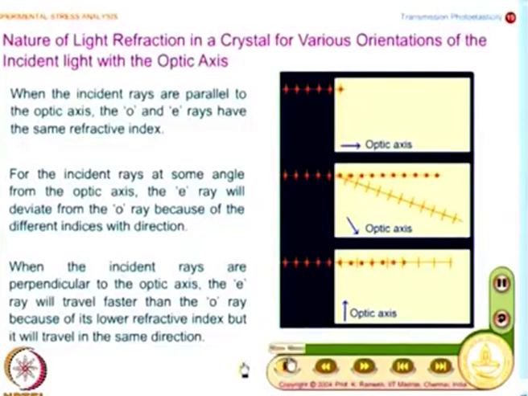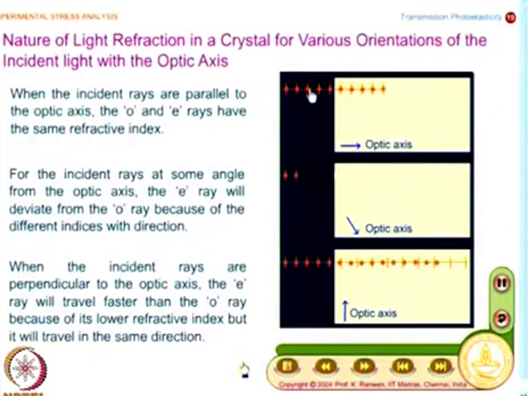Let us continue our discussion on transmission photoelasticity. And for you to understand photoelasticity, you need to develop concepts related to crystal optics. One of the very important concepts that we saw in the last class was, when I have a crystal and a light incident on it, I can look at the incident light with respect to the optic axis.